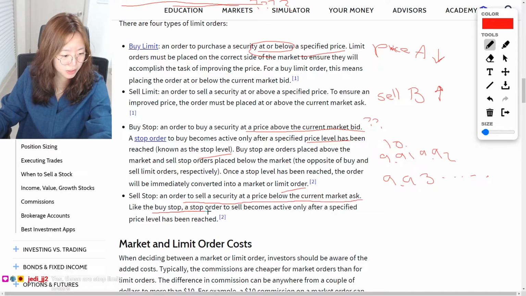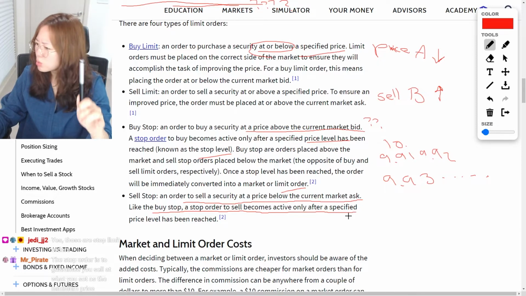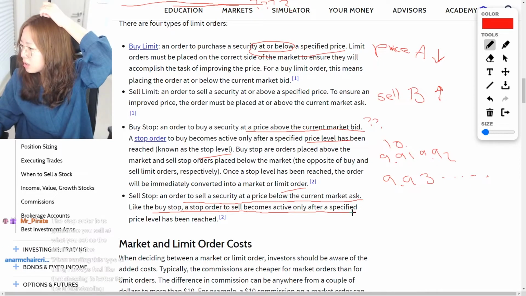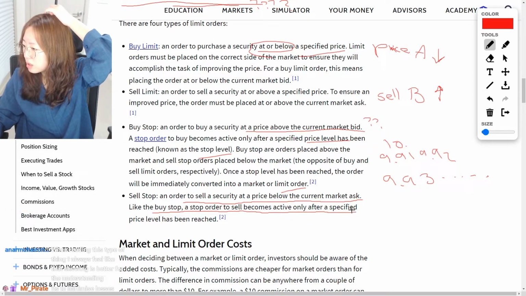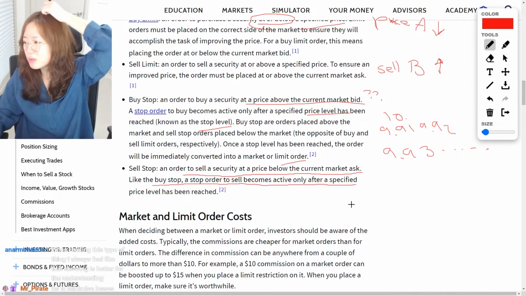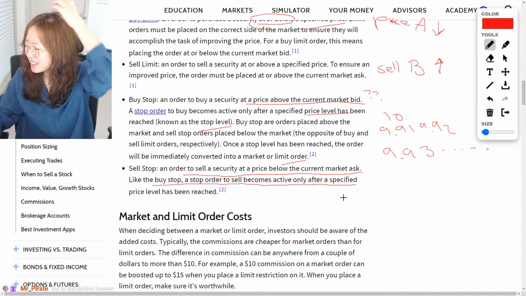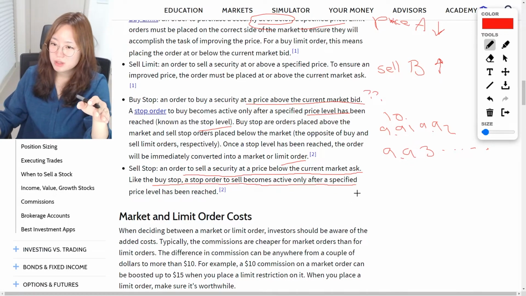Like the buy stop, a stop order to sell becomes active only after. 뭔 소리야? You sell at what you set as the minimum price. Yeah, that's why I like reading these, because they don't make sense. So it's guaranteed you sell at the price.